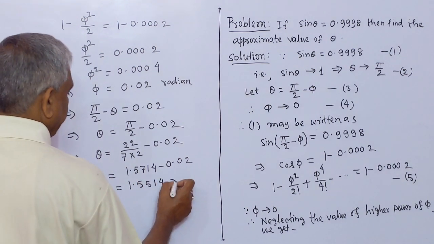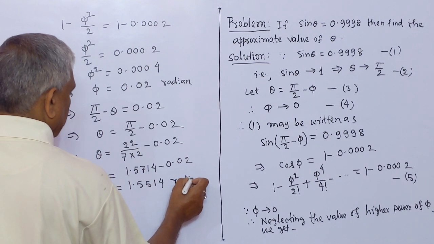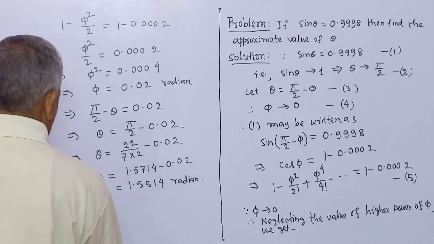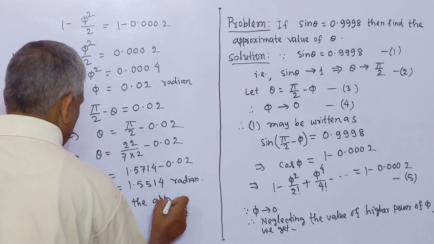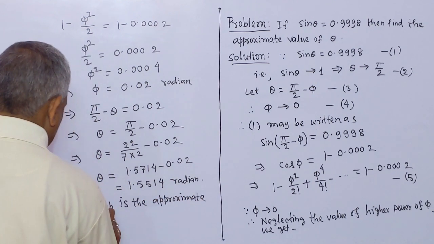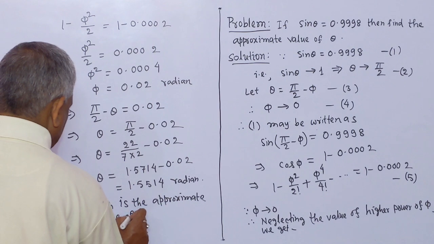This is radian, which is the approximate value of theta.